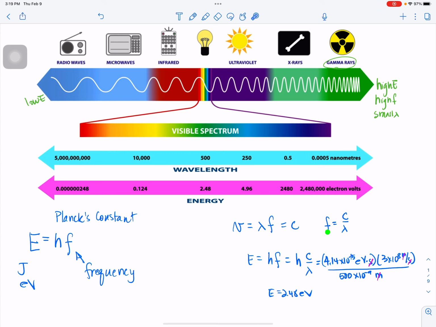So corresponding low E, low F, and then long wavelengths. And again, I can look at the numbers and I see, oh yes, these are long wavelengths. So that is the first thing I need to understand, the conversion between wavelength or frequency and energy.